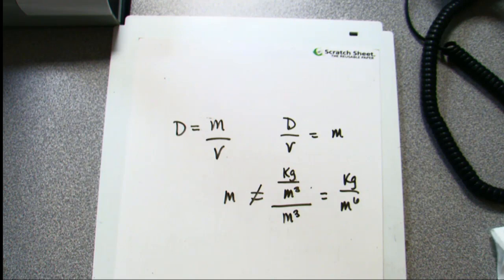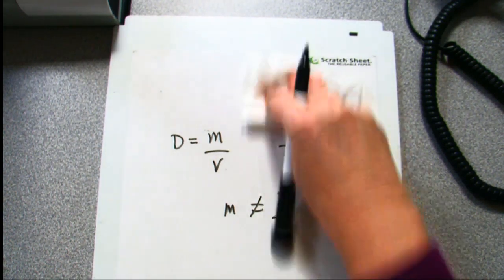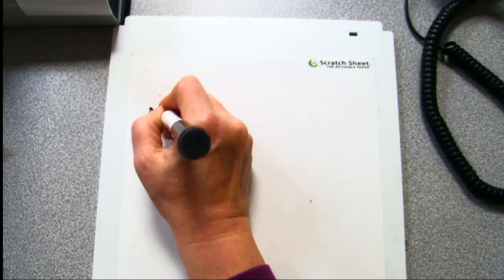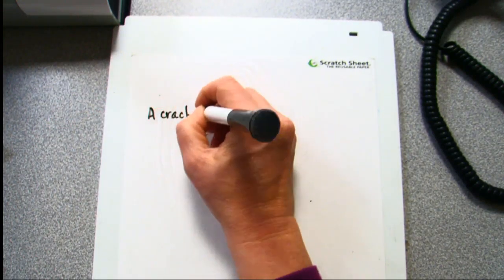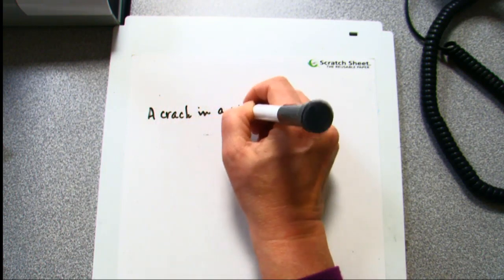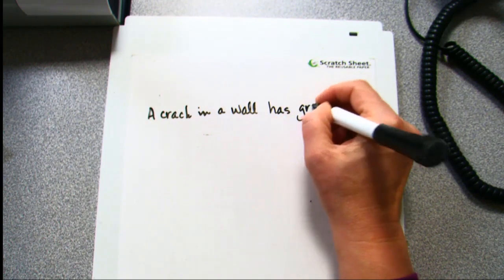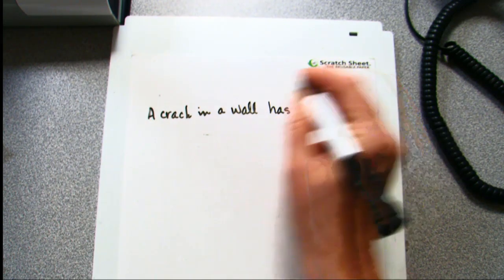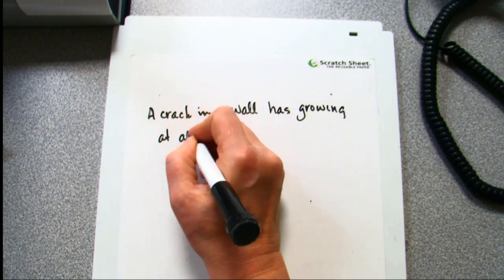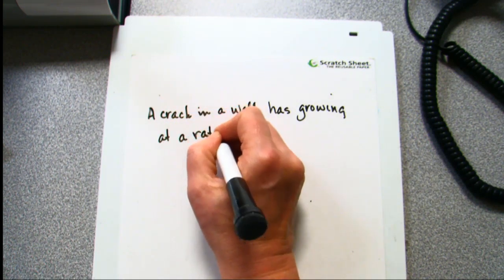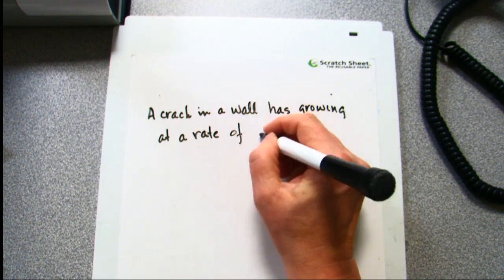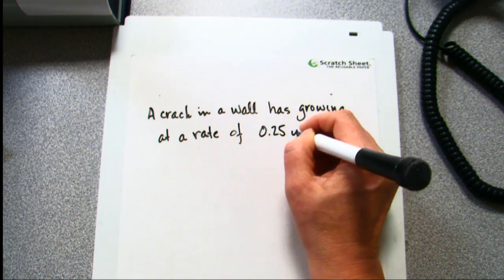Then we have conversion factors. So I'm going to come back to that here. We're going to do some conversion factors because this first chapter does conversions. And we have to, so I've got a crack in the wall. And it has been growing at a rate of 0.25 inches per year.